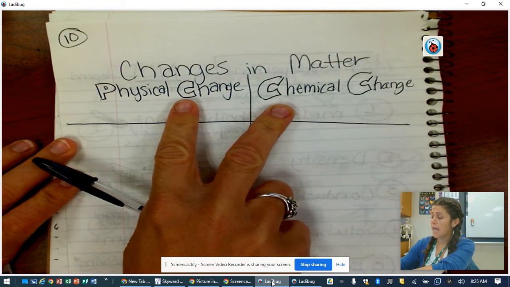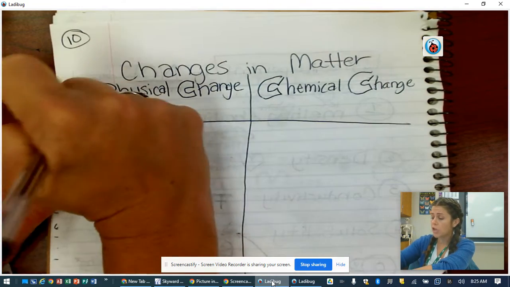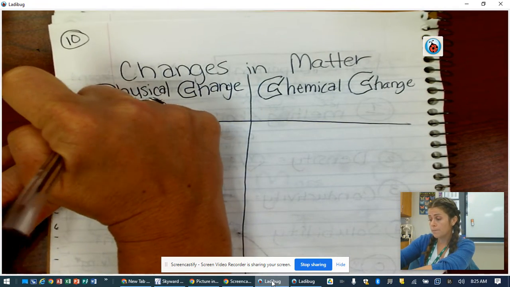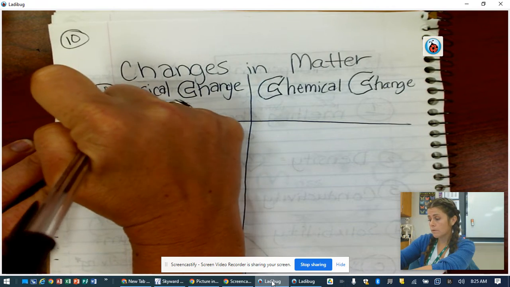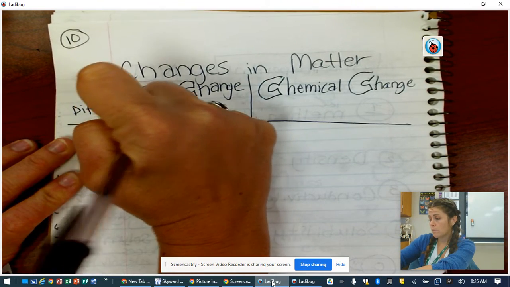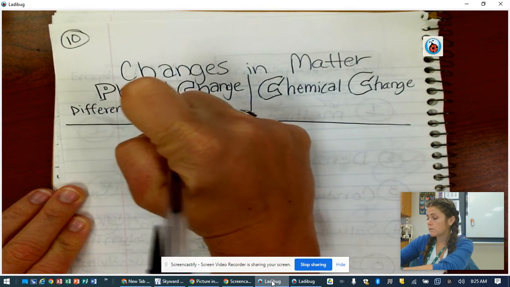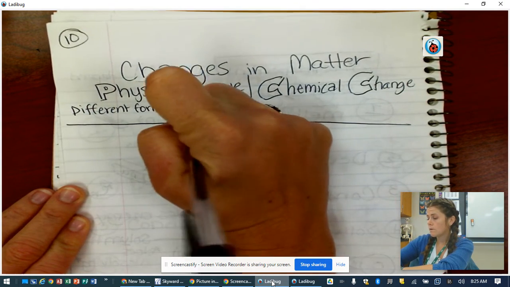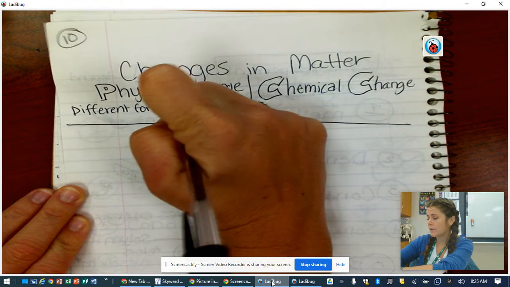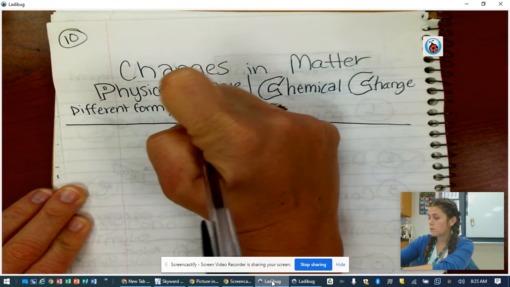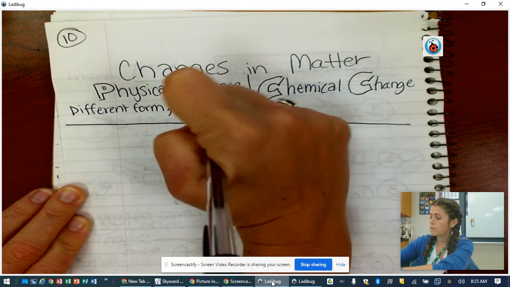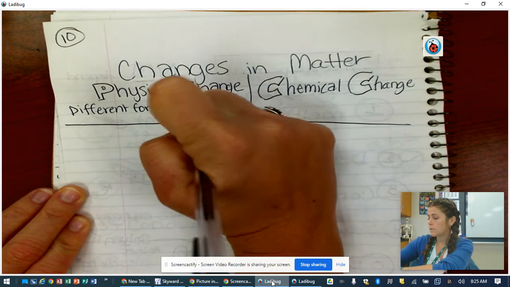biggest difference is that in a physical change, you could have a different form, but no new substance. And I'm going to go ahead and really bold no new substance.